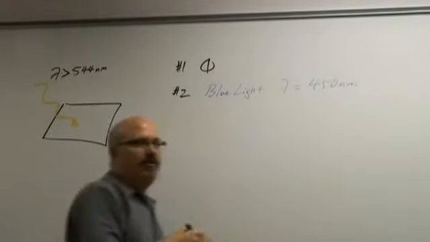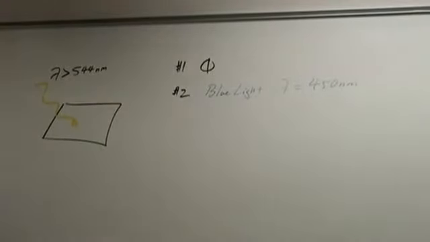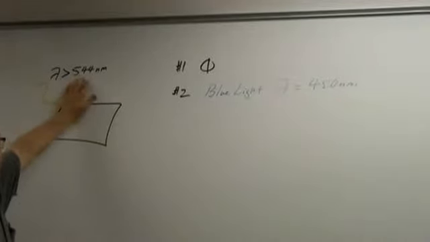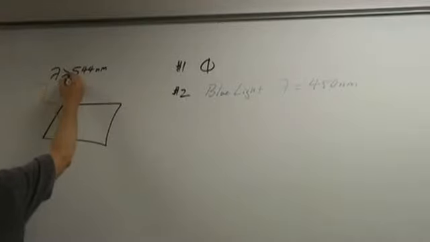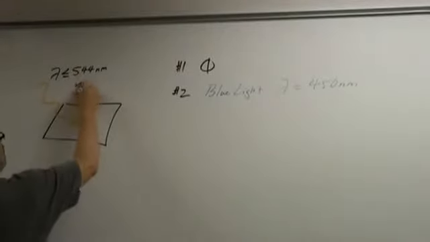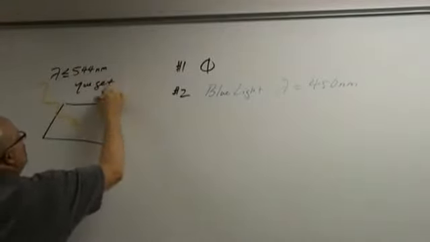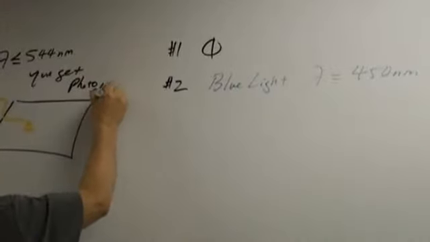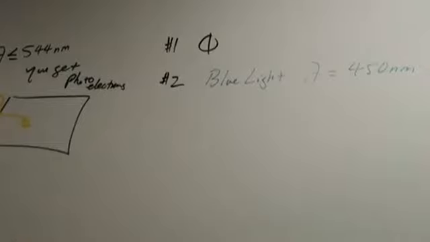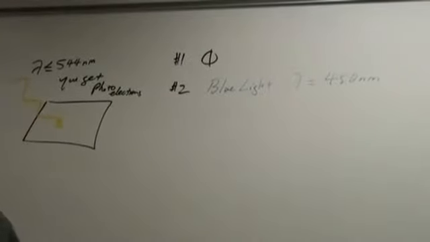I'm getting my stuff backwards. Insensitive to wavelengths greater than that, right? At wavelengths less than or equal to that you get electrons. Does that sound better? Okay. At wavelengths of that and less, you get photoelectrons, okay?